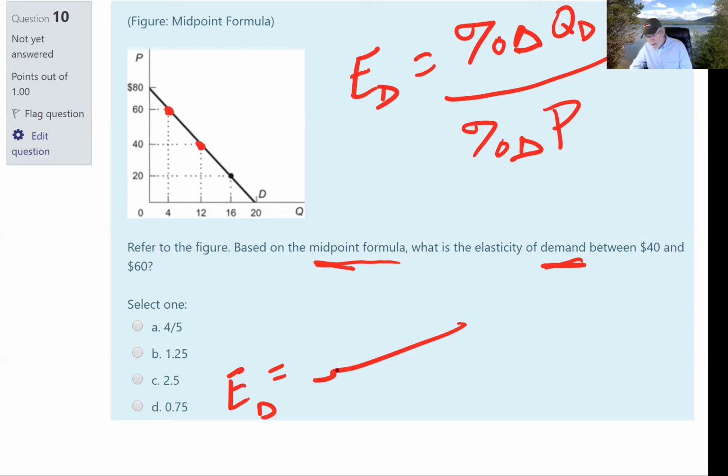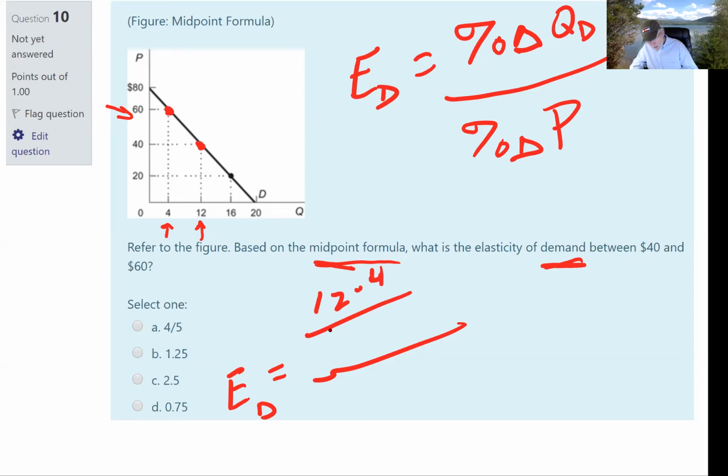Okay, it's the percent change in the quantity demanded. Okay, well, let's say we started at a price of $60, and we go to $40, that would mean we started at a quantity of 4, and we ended up with a quantity of 12. Okay, so the change in quantity would be 12 minus 4.